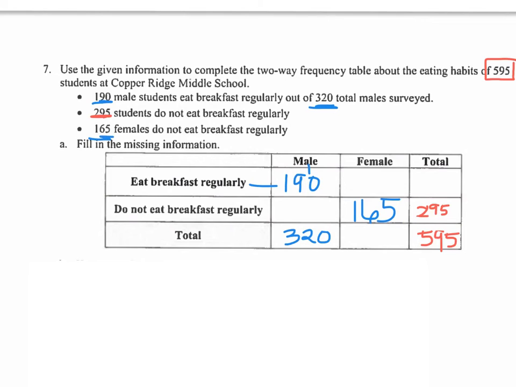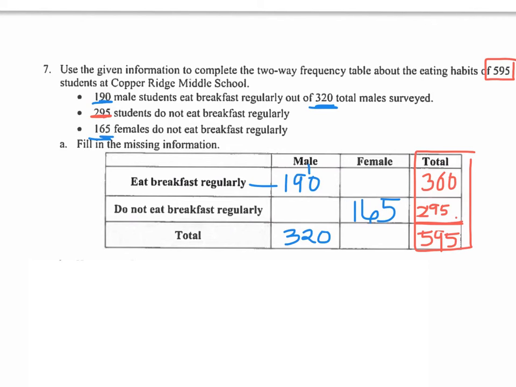So you can see they didn't give us all of the information needed in order to have a complete table here. So we need to find the remaining information, and we're going to do that by the fact that the totals are the sum of the rows and columns. For instance, in this column, the total is 595. 295 is in this box, so in this box must be 300. Now let's see, where else can we fill in?